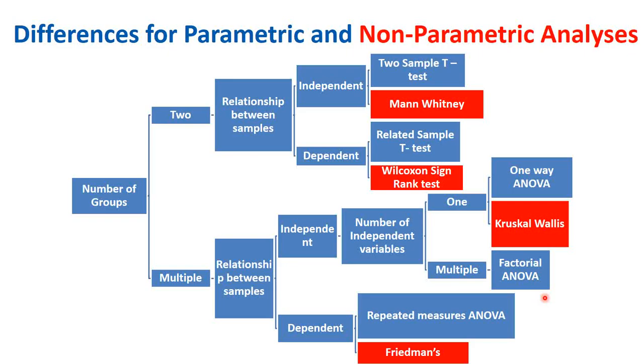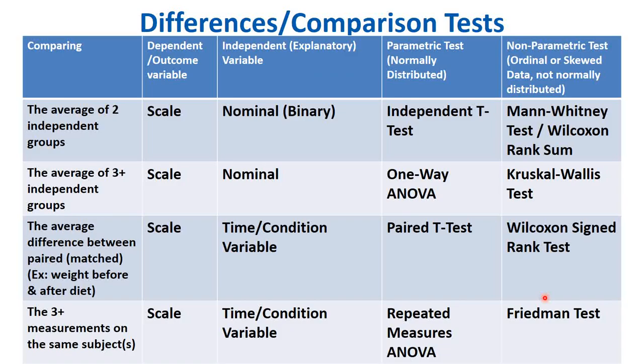Some people think better with a matrix, some people think better with an algorithm. So this is basically the same bit of data, just presented a little differently. If you're comparing the average of 2 groups and you're using numeric data, then that's going to be an independent t-test.